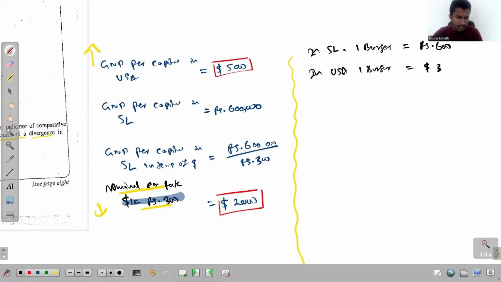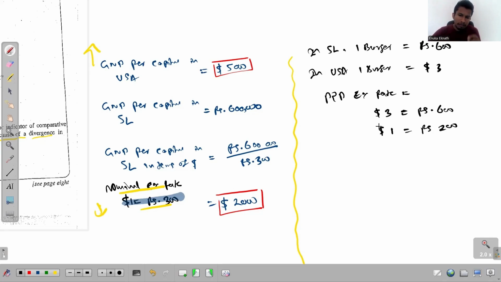Now I write that the purchasing power parity exchange rate is $3 equals rupees 600, so that it simply gives us this value: $1 equals rupees 200.